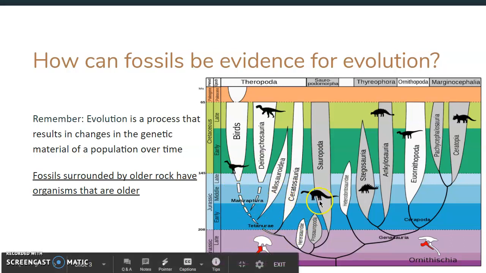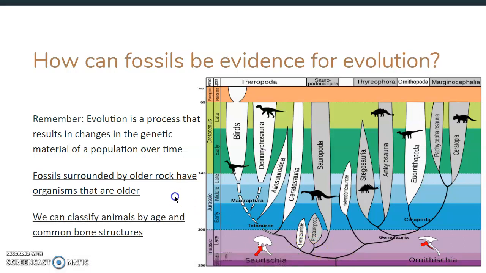So at one point, maybe our Stegosaurus-looking animal looked a lot like a bird. That would have to be farther back. It wouldn't look much like they do today, but as we go farther back, they look more and more similar until we have one common ancestor.